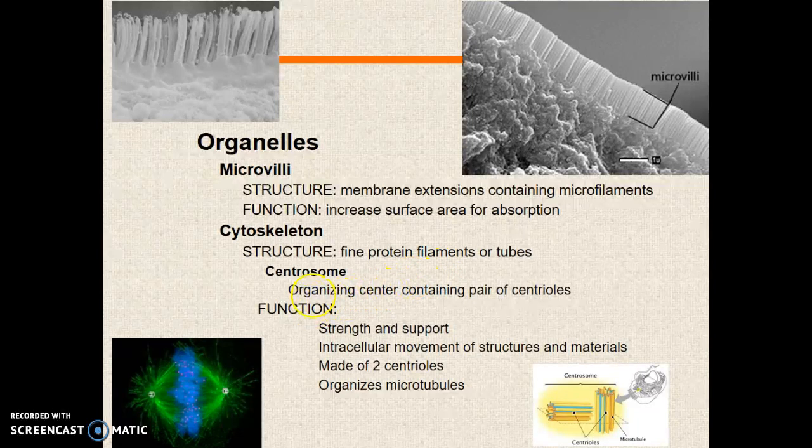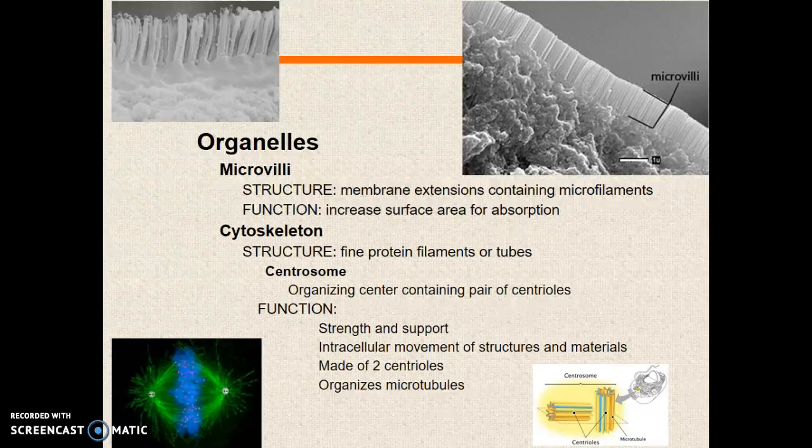The centrosome is an organizing center for cell division, and the centrosome contains two objects called centrioles. Now here are the centrioles. They're really similar to a type of protein called a microtubule.